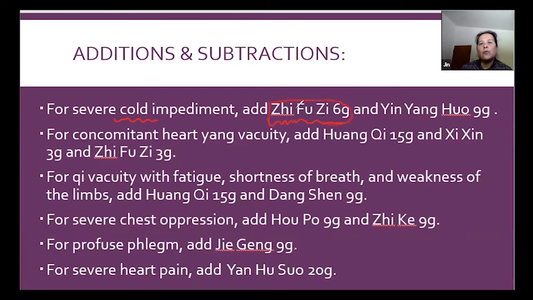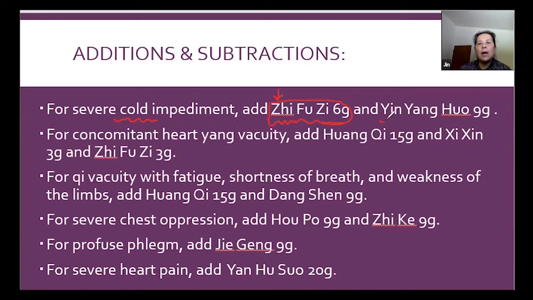Before, sometimes people used raw 附子, not prepared 附子. But truly, unprepared 附子 is more toxic. So generally right now we only use 制附子. So that's more warming herbs.